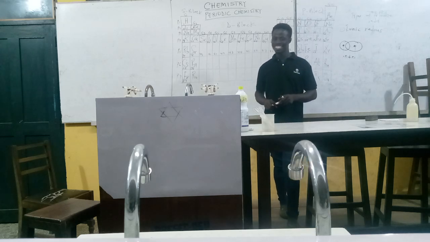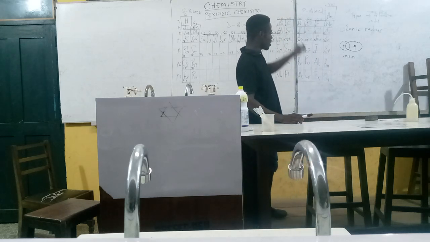The distance from here to here forms a radius, then the distance from here to here forms another radius, and in between these forms the diameter. It's the same definition. The distance from here to here is the radius of this atom, and the distance from here to here is also the radius of the other atom.